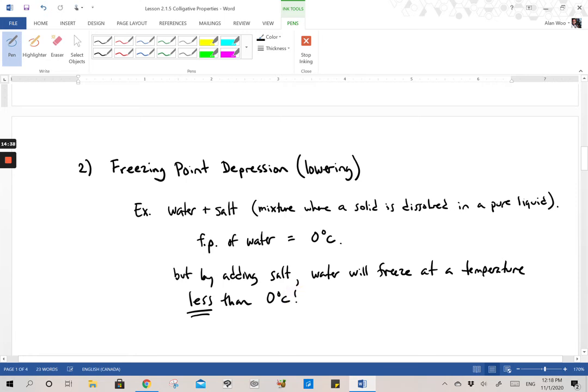That's the colligative property. Depending on how much salt we add in, we can lower the freezing point of the substance, so that it freezes at a freezing point less than the pure substance would.